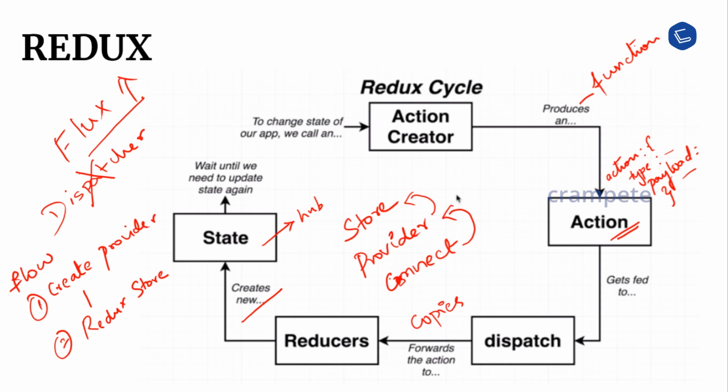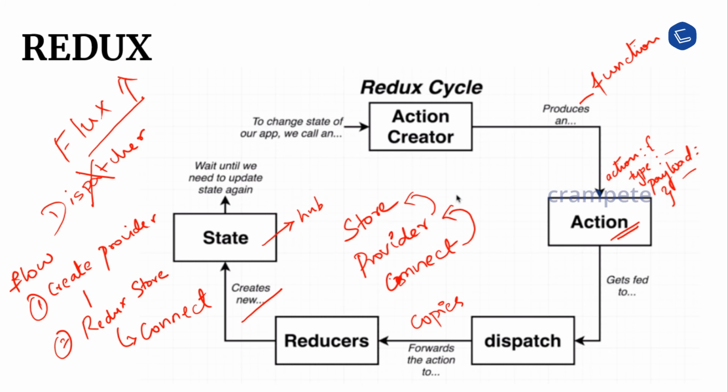Then we wrap any component that needs to interact with the store with connect, and connect passes down the different pieces of the state and any action creators we need as props down to the wrapped component.